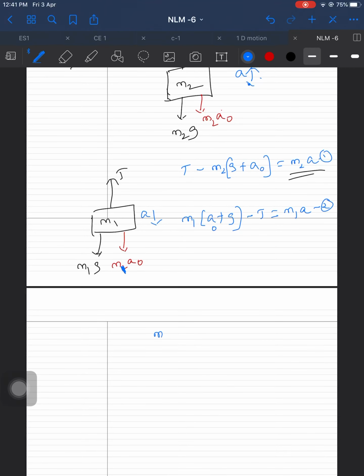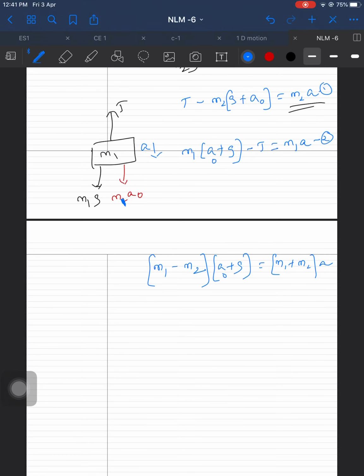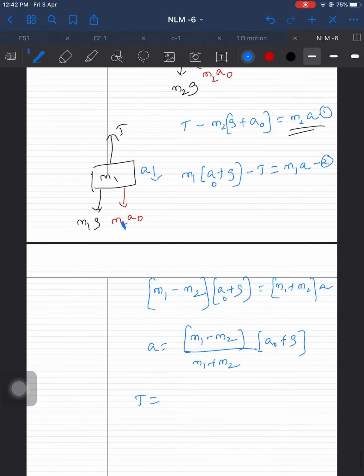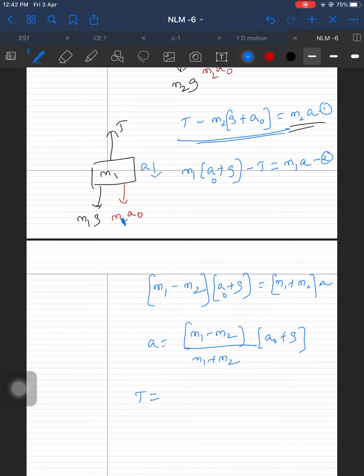If we add these two equations, M1 minus M2 into A naught plus G is equal to M1 plus M2 into A. A is equal to M1 minus M2 over M1 plus M2 multiplied with A naught plus G. Then the tension is equal to, what is the tension?